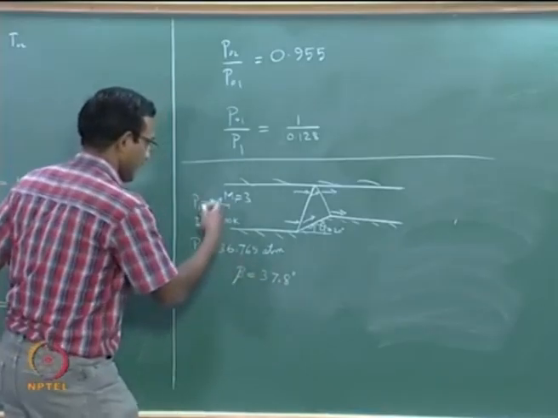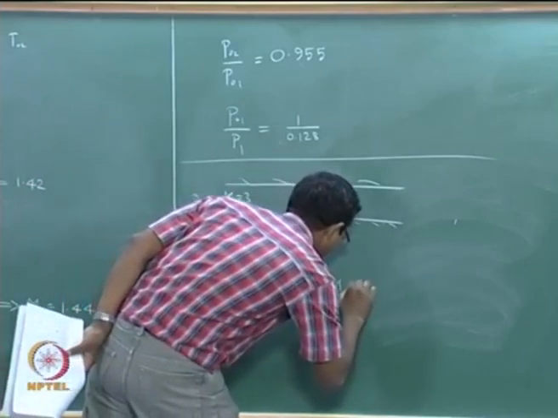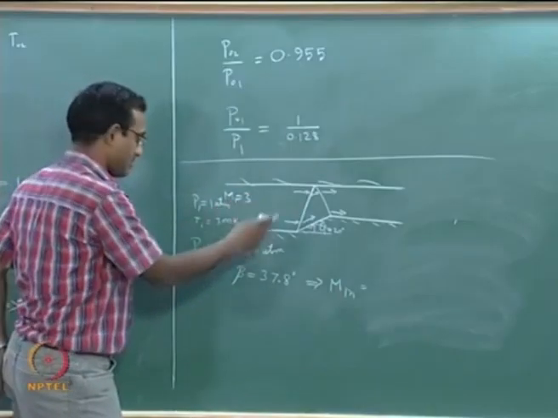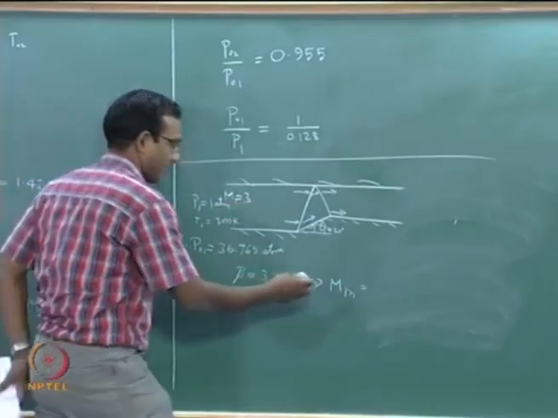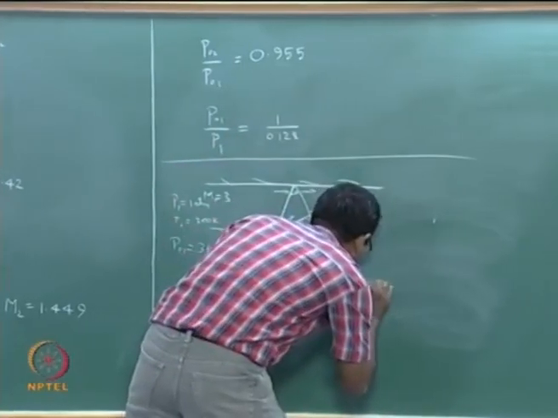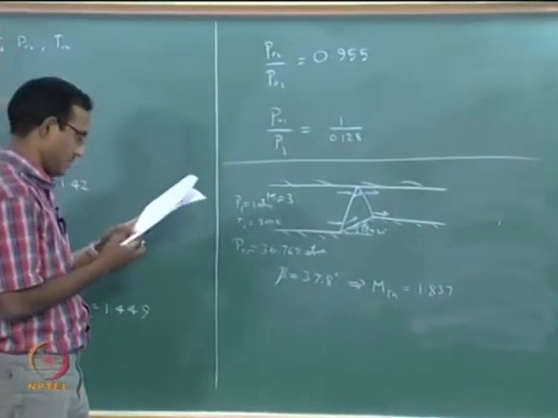If I use this and I find my M1 normal, this is going to be Mach number M1 times sin beta. So it is 3 sin 37.8, that is going to give me a number of 1.837.